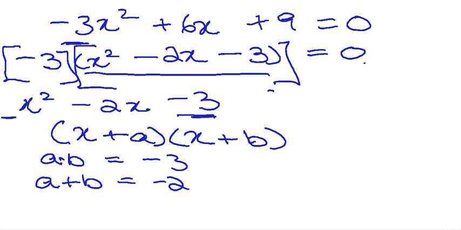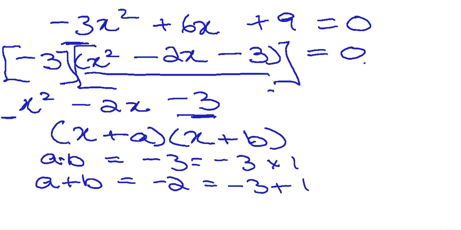And this is true if we go back to our equation: minus 3 times 1, for example, equals minus 3. And if we take those same numbers, minus 3 plus 1 equals minus 2.